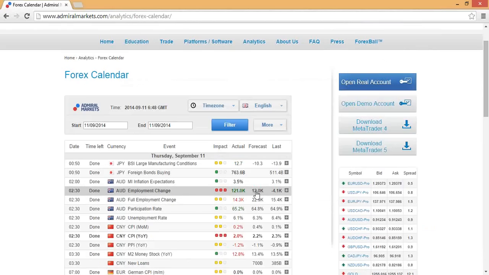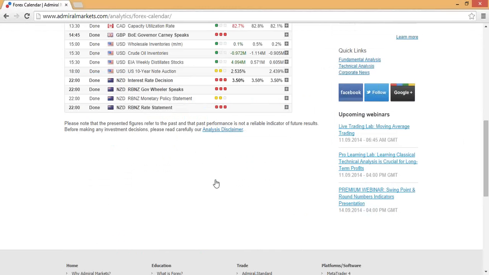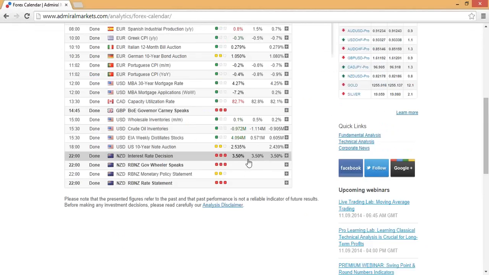That was obviously a biggie. The Kiwi, as far as I saw from price action, must have been staying the same at 3.5, but let me check actually. Stayed at 3.5, and as expected.